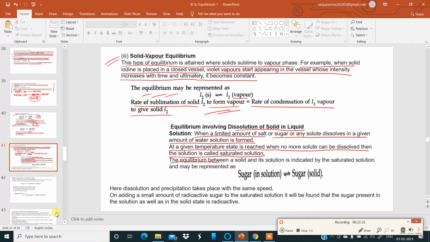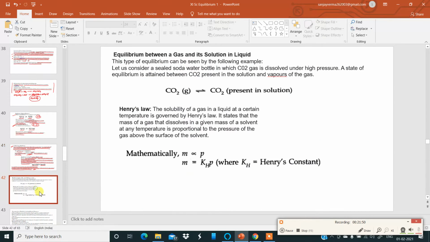The equilibrium between a solid and its solution is represented as sugar in solution, sugar solid. Here, dissolution and precipitation take place at the same speed. On adding a small amount of radioactive sugar to the saturated solution, it will be found that the sugar present in the solution as well as in the solid state is radioactive. So that is equilibrium involving dissolution of a solid in a liquid.